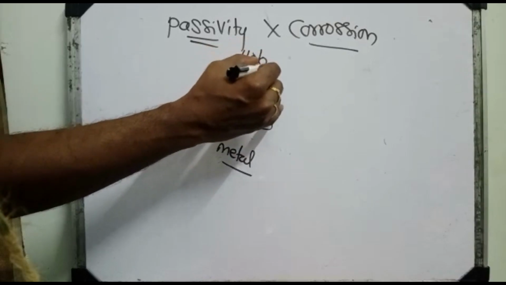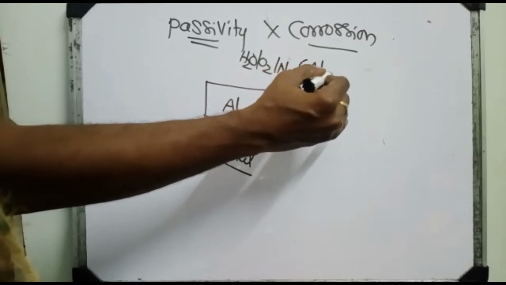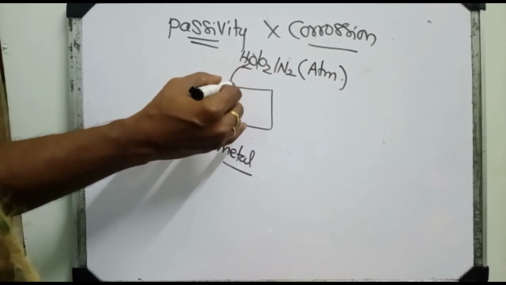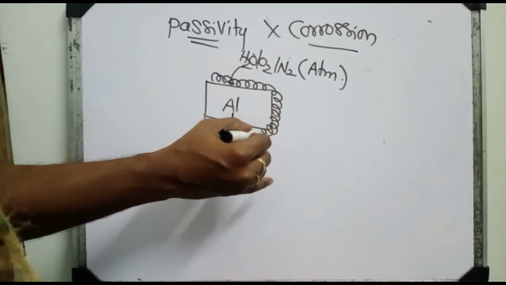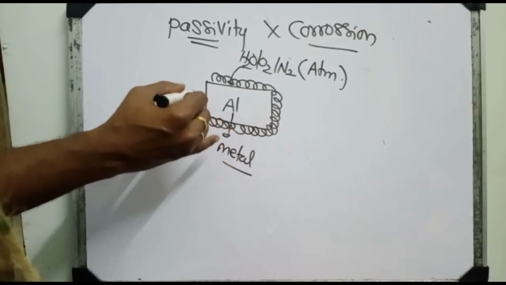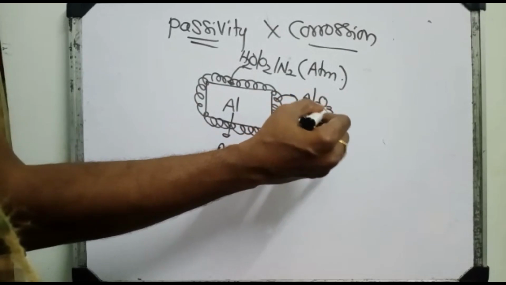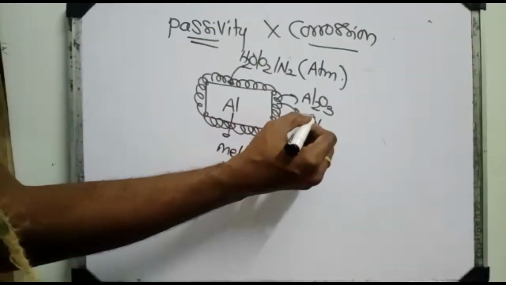Water is there, oxygen is there, nitrogen is there. These gases readily react with aluminium and provide an aluminium compound. Either aluminium oxide forms, or aluminium nitride is also possible.